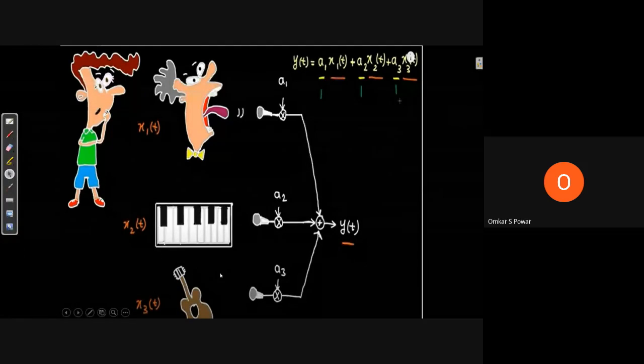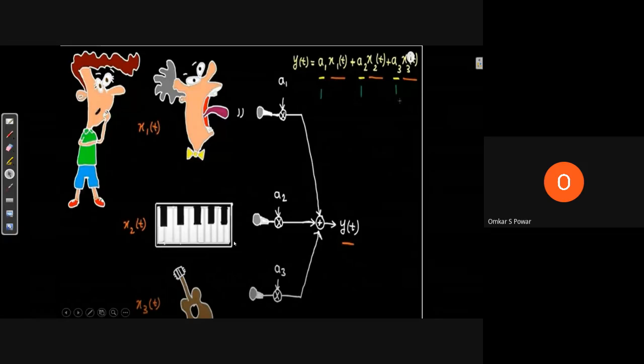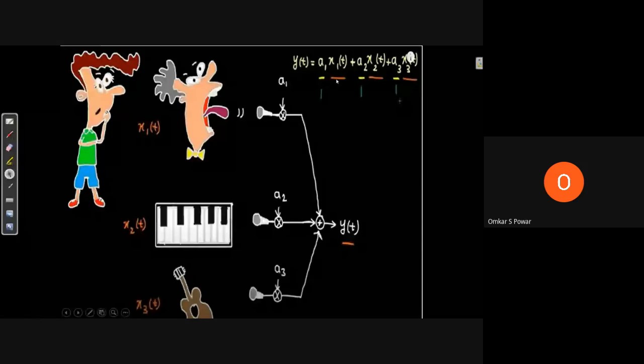So how can you represent this signal y of t? A1 is your amplitude factor, how much gain you increase or decrease, times x1 of t, plus A2, how much gain in that piano you have to increase or decrease. There will be settings.